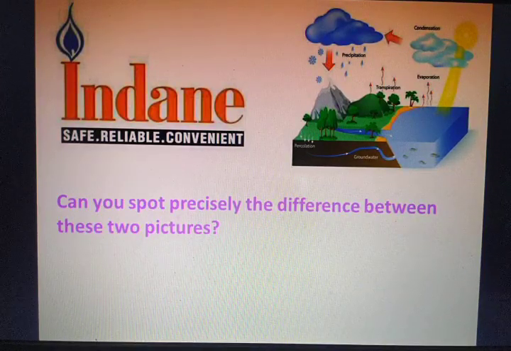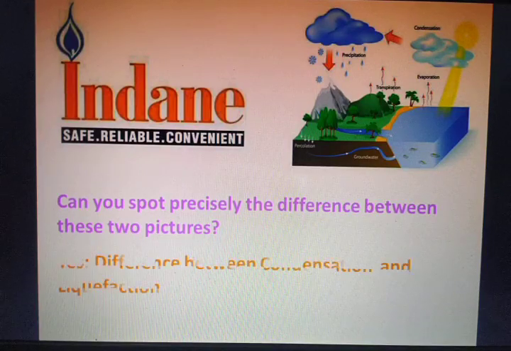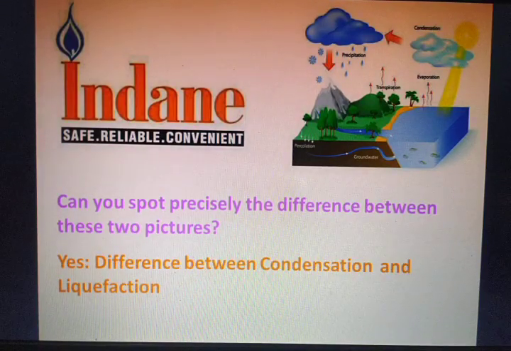That is, of course, liquefaction. And what's the opposite of liquefaction? It's written over there clearly. Exactly, condensation. So you have to write the difference between condensation and liquefaction in a tabular form.